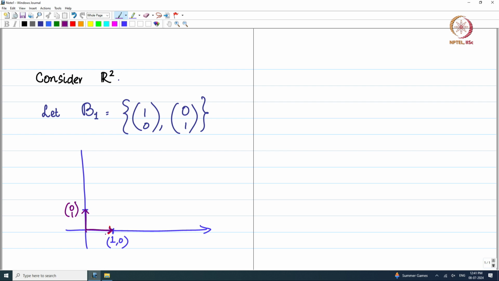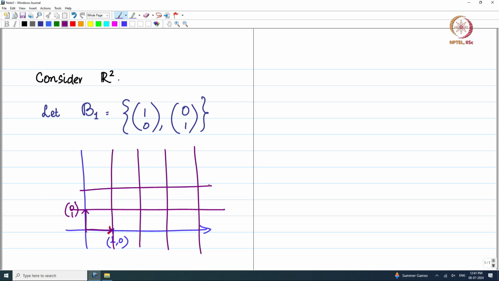Now, this is something which we have already seen. Like all of us would have seen graph sheets filled with tiles of unit squares, and you see these orthogonal basis vectors here.